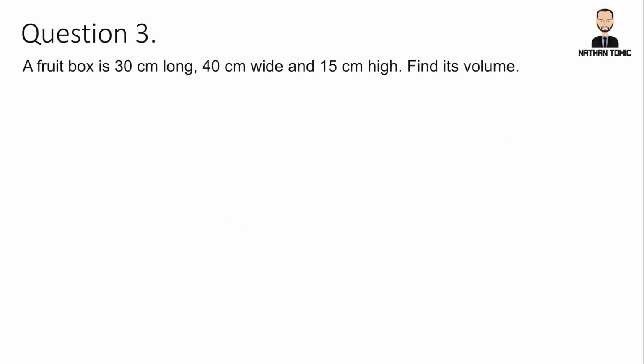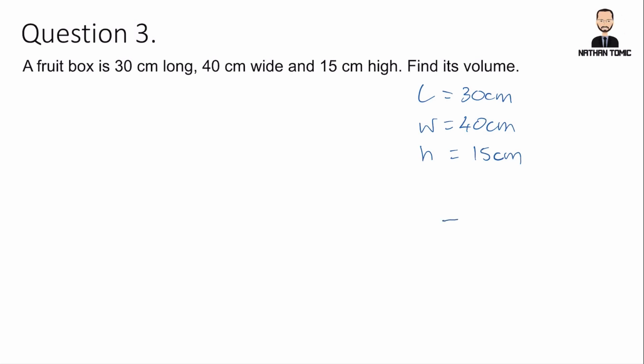Well, this one's really quite clear because it actually tells me its length is equal to 30 centimeters, its width is equal to 40 centimeters, and its height is equal to 15 centimeters. So I don't really need to draw a diagram here because it's literally told me what each of those values that I need are, but I don't think it's a bad idea.